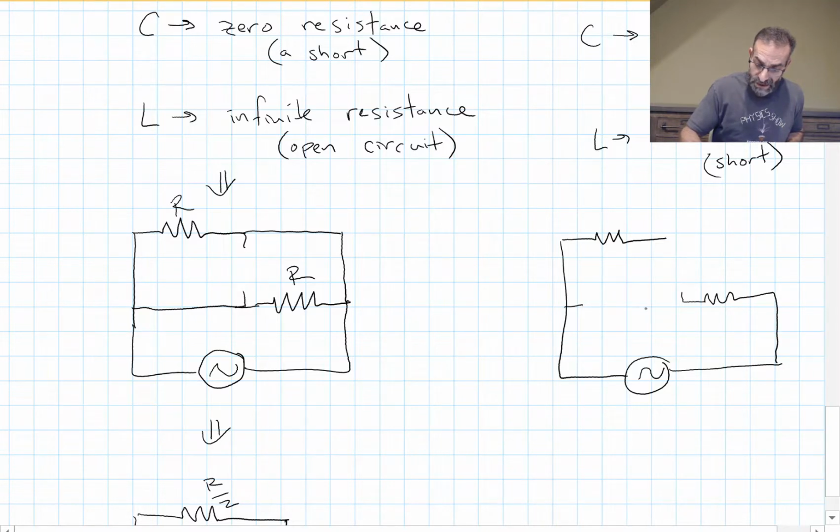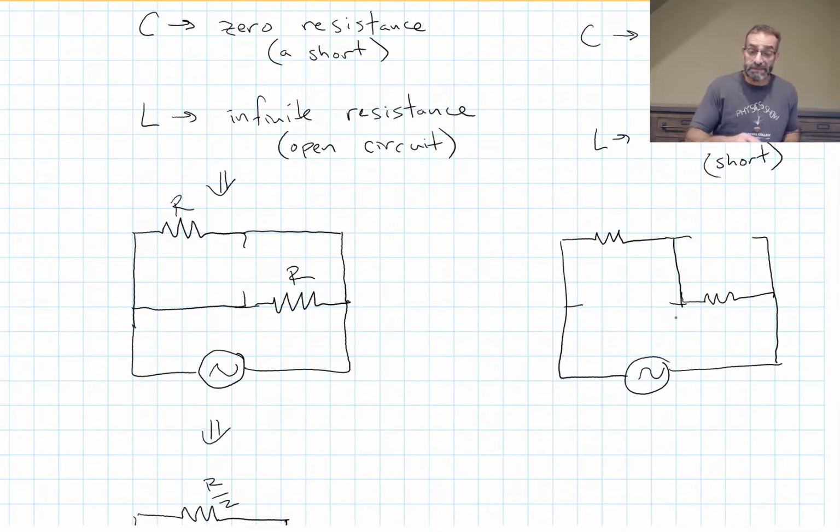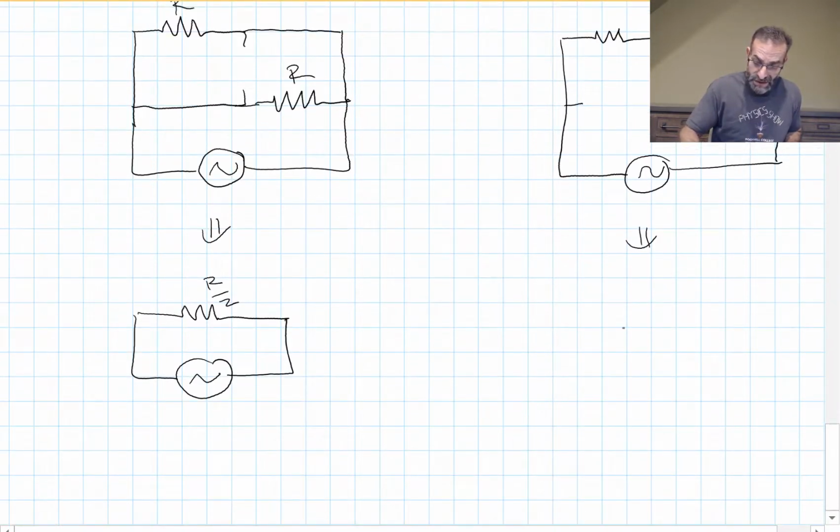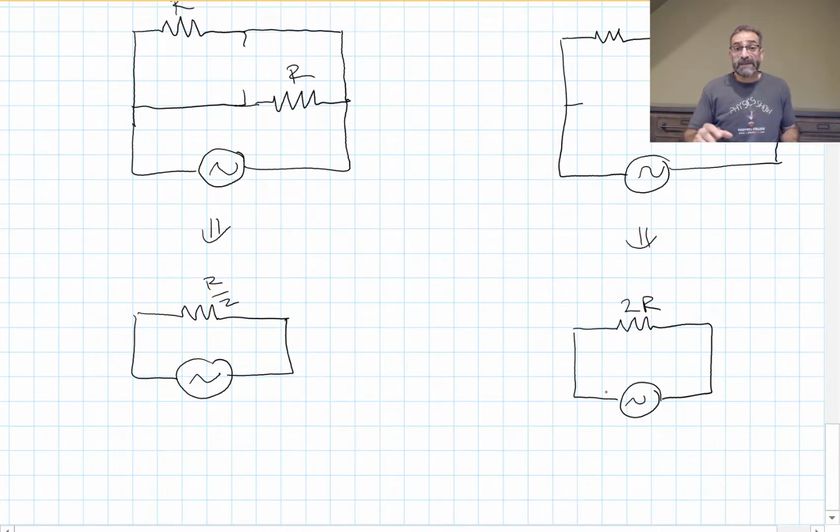But the capacitor down here acts like an open circuit, and the capacitor up here acts like an open circuit, and our inductor acts like a short. So now our circuit looks not like two resistors in parallel like it did before. Now it looks like two resistors in series. So I could redraw this as an equivalent circuit with a resistance of 2R.